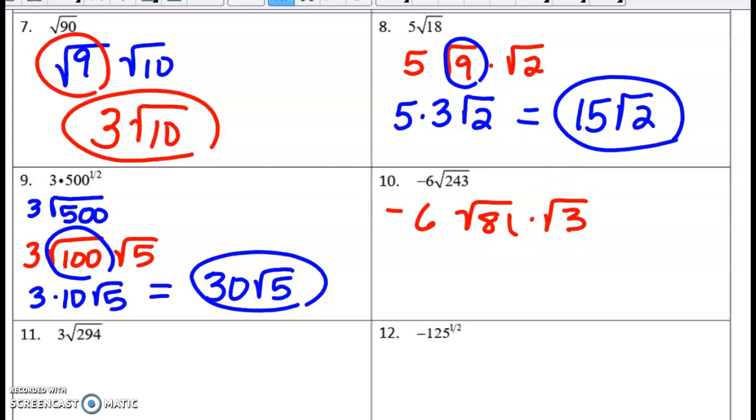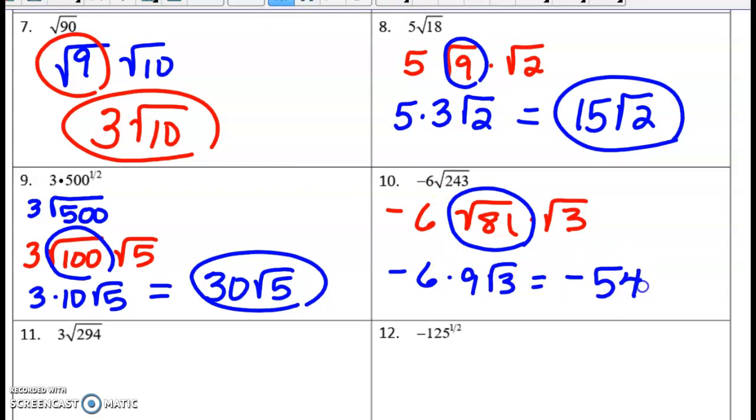So again, using your calculator to see if it divides in without getting a decimal answer is fine. And then I'm going to get -6, whoops, I screwed that up, sorry, times 9 square root of 3, so it's going to be -54 root 3.